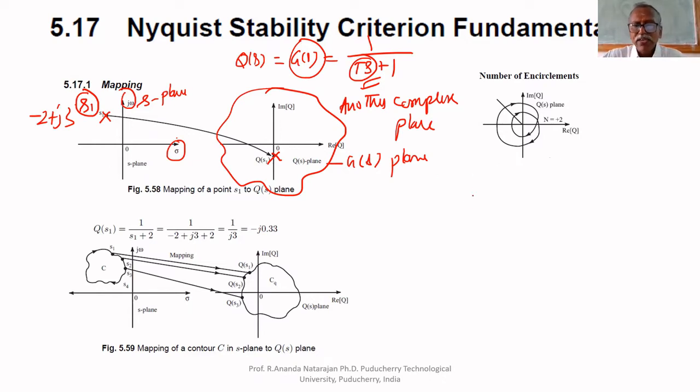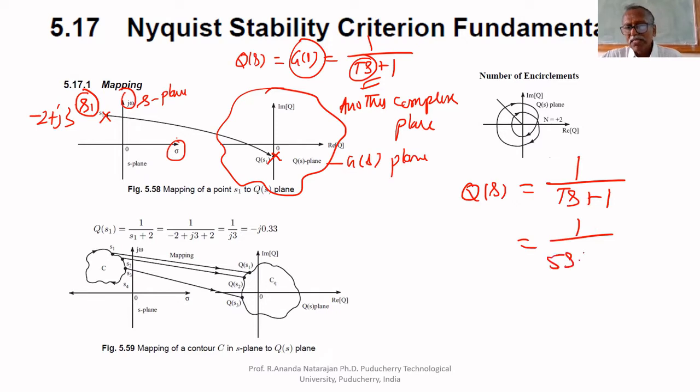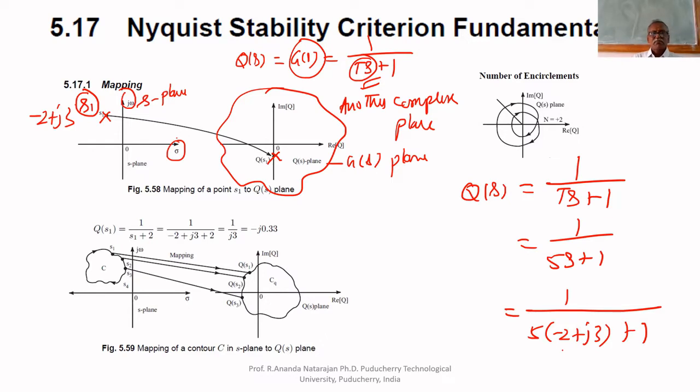I am taking Q of S equal to 1 by Ts plus 1, or 1 by 5S plus 1. In that, what is the taken point? Minus 5 multiplied by minus 2 plus J3 plus 1. If you simplify this, again you will get a complex number.